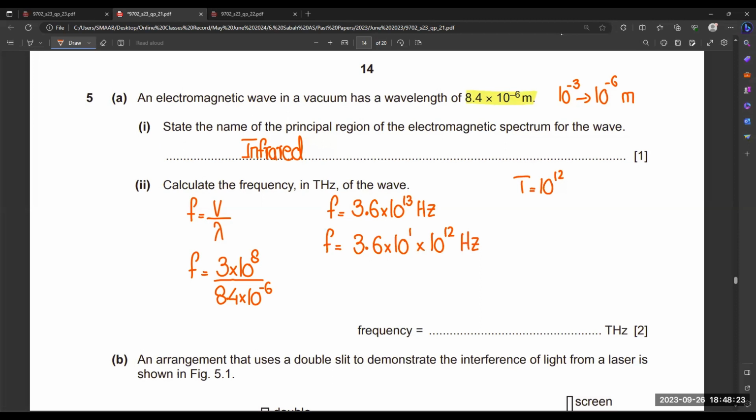We just need to write 10 to the power 12 as capital T, and the rest of the part remains the same. Or if we move the decimal forward, your answer will be equal to 36. Finally, we can say that 36 terahertz, right? This will be your final answer.